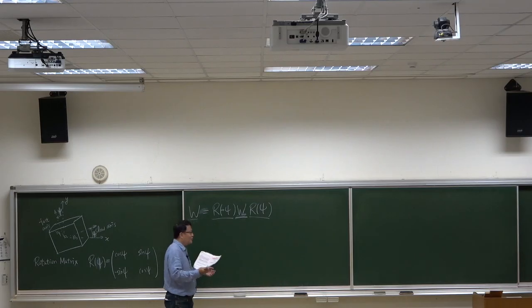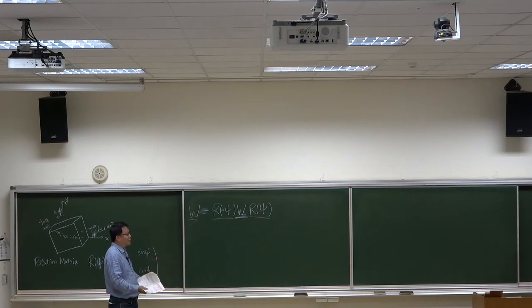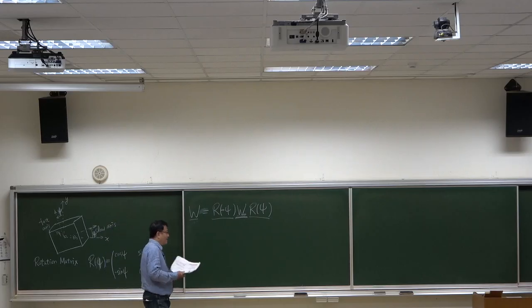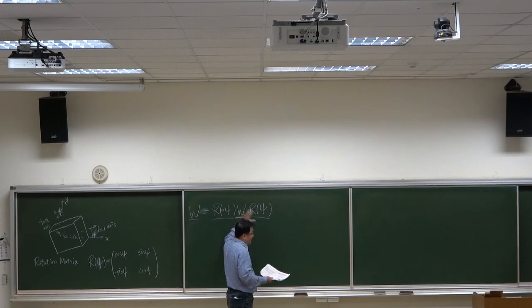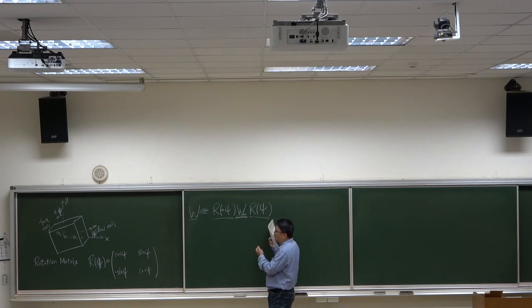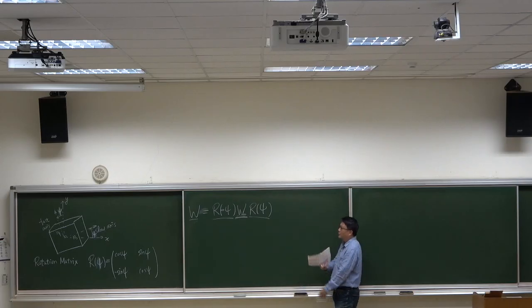However, if you do not know how to do this, then at least you can follow the rule and do the mathematics carefully. Then finally you can still get the correct result.